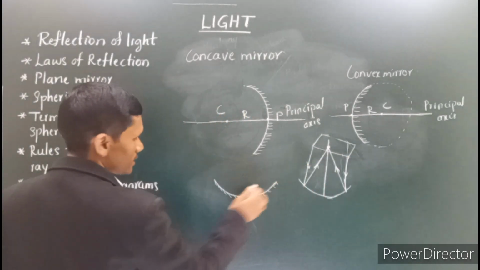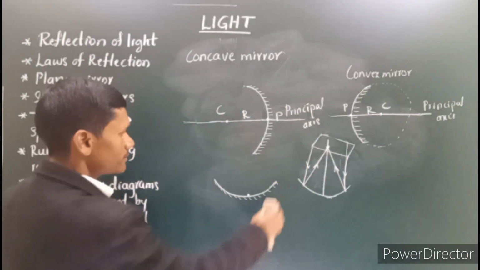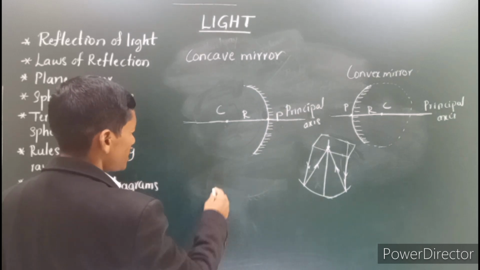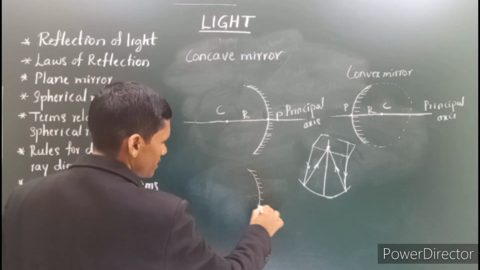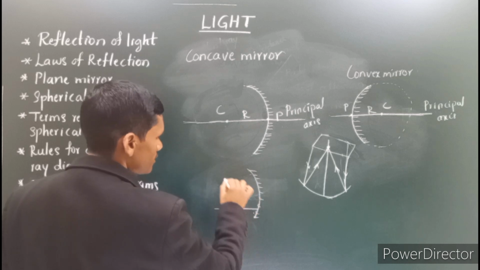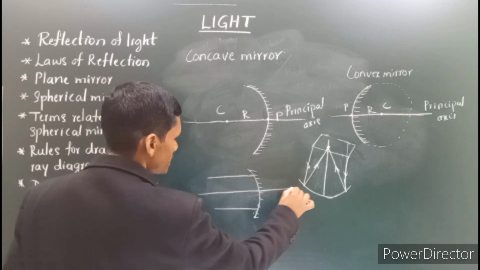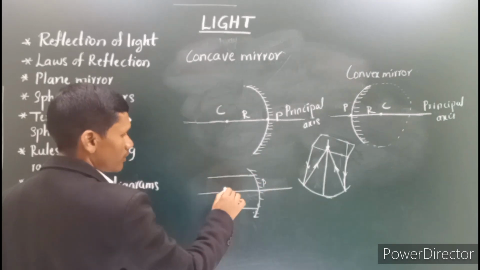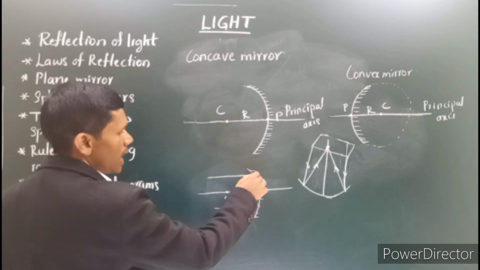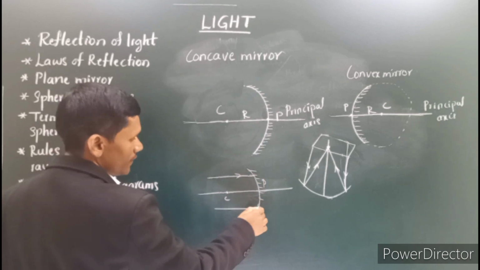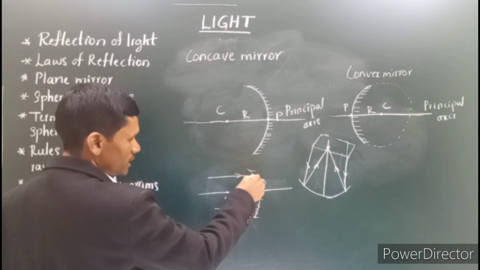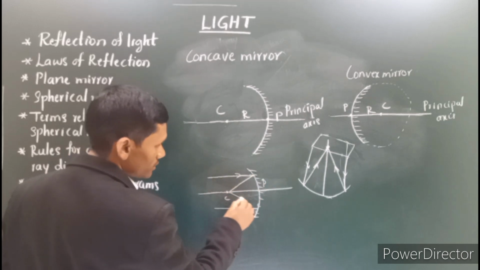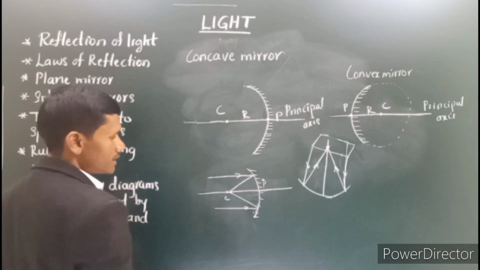Now you take this in another way. See, this is the concave mirror, right? The rays which are coming parallelly, this is the principal axis, as you know already. Now we have learned this, right? When we reflect this with the help of a concave mirror, they meet at a point on the principal axis, right?